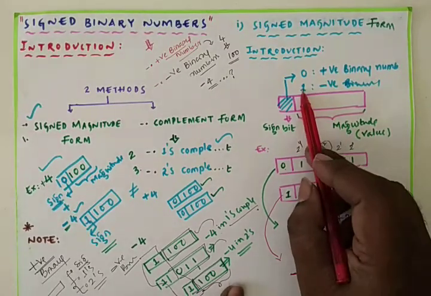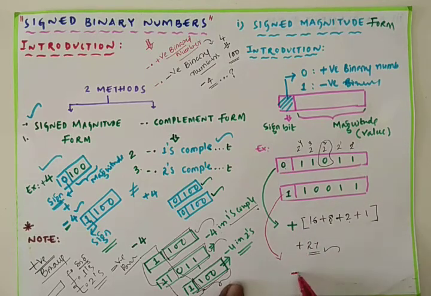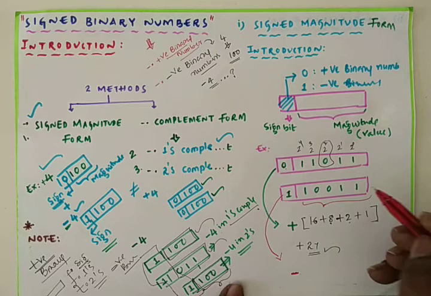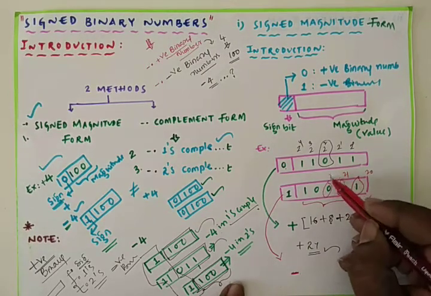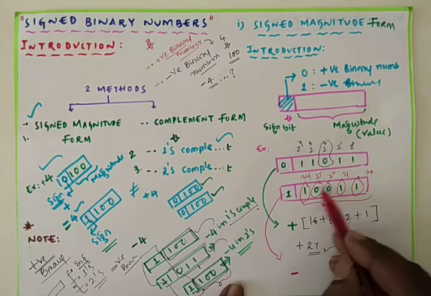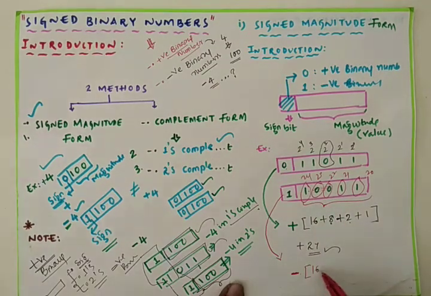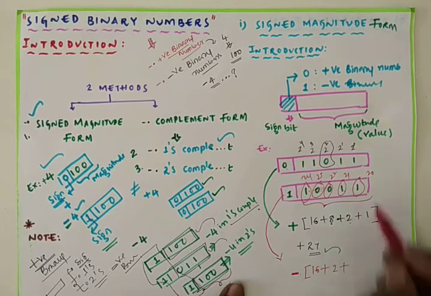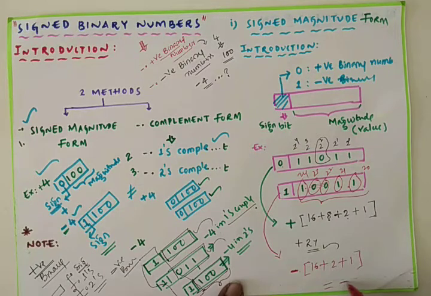If the sign bit is 1, the given number is a negative binary number, so we have to consider negative, and the remaining bits are the magnitude. That is 2 power of 0, 2 power of 1, 2 power of 2, 2 power of 3 and 2 power of 4. Here zeros are there, so no need to consider. 2 power of 4 means 16, plus 2 power of 1 means 2, plus 2 power of 0 means 1. That is minus 19.